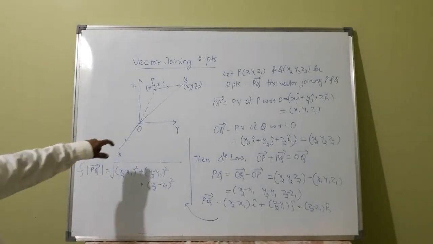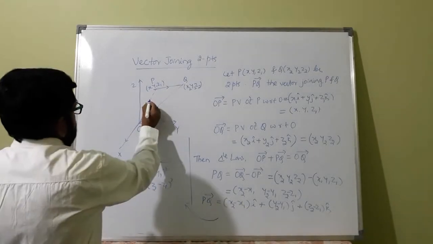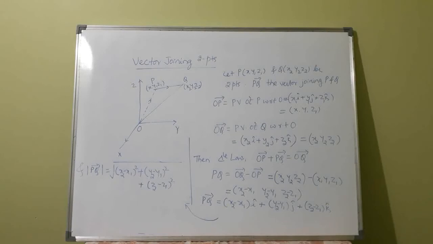Triangle law says that OP plus PQ is equal to OQ. So PQ is equal to OQ minus OP, isn't it? OQ is x2, y2, z2, that means x2i, y2j, z2k, minus x1, y1, z1.